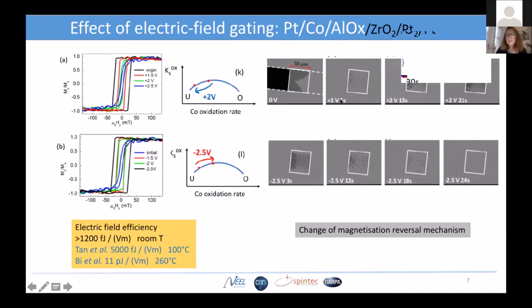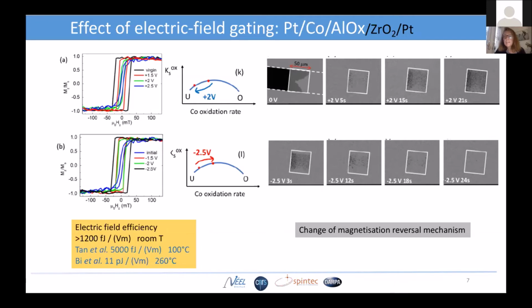And as a positive voltage is applied, you can see that the reversal mechanism is now dominated by the nucleation of a large density of domains, and its density increases as the application time of the gate voltage is increased.